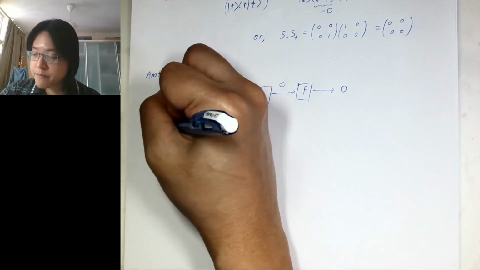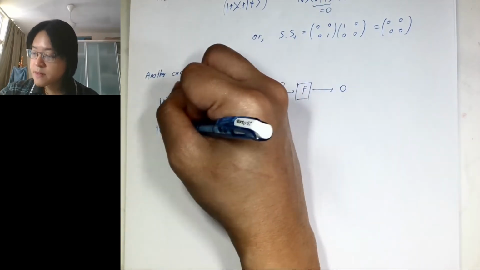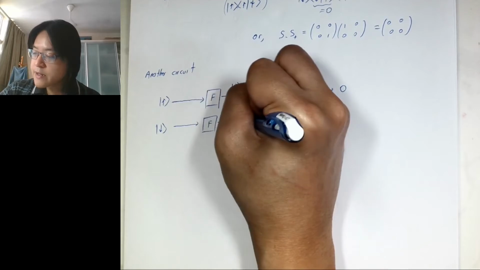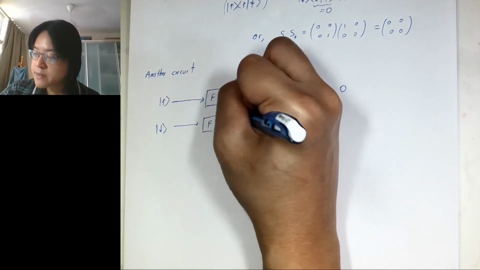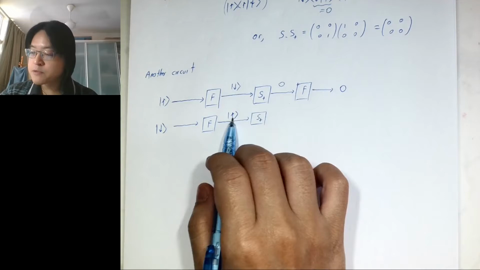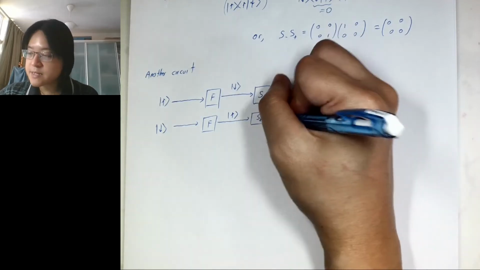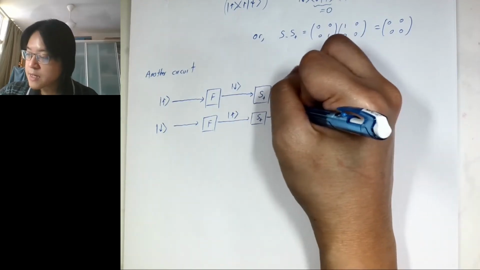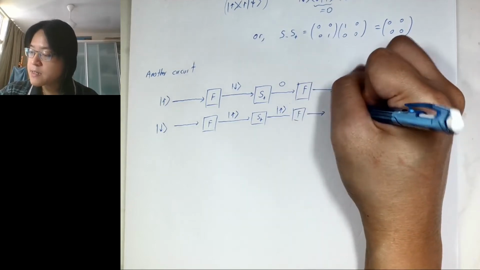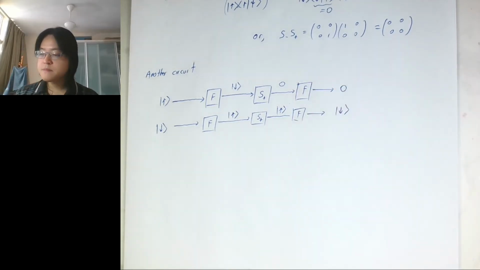But if I feed in the down state, then what's going to happen here? If I flip this, it becomes the up state, and then I have the plus selector, which keeps the plus, so it's still up. Then I flip it back, and I get the down.